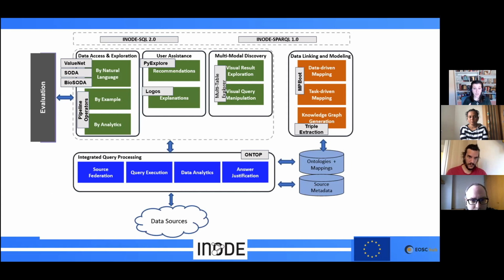And this leads us to our system architecture, where you can see the 4 big components, the green ones, the orange ones, the blue ones, and the gray ones. So the orange ones are all about data linking and modeling, how we bring together different data, how we build ontologies on top of the data so that we can allow more meaningful and richer querying over this data.